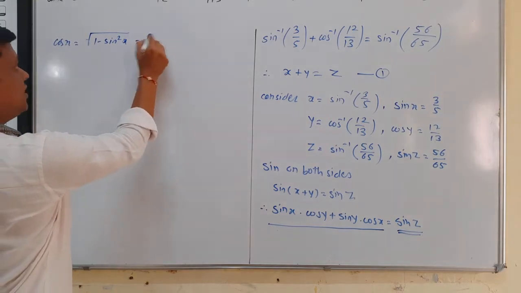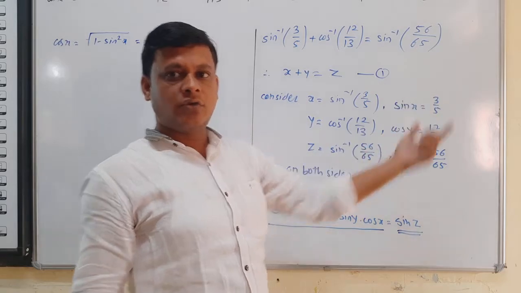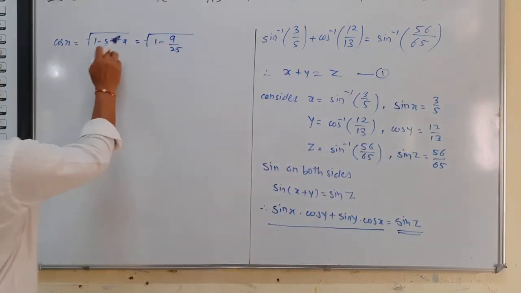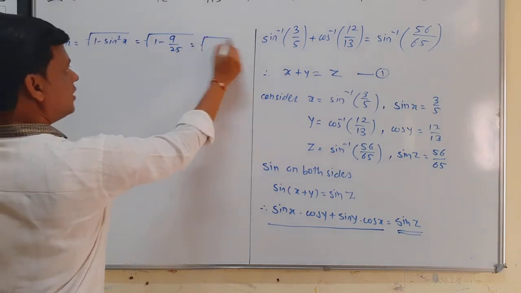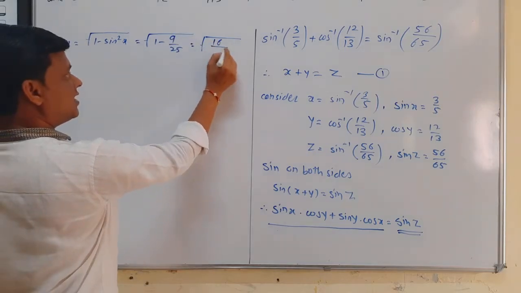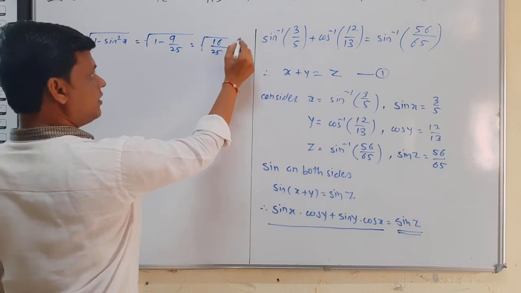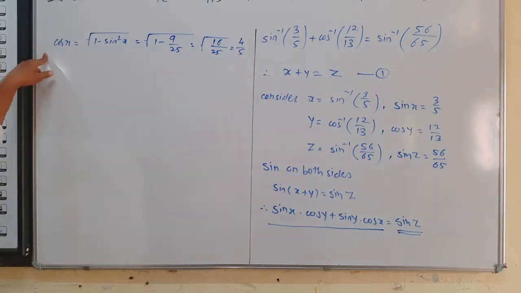Now substitute the value of sin x, which is 3 by 5. So its square is 9 by 25. Now cross multiply, 25 minus 9 is 16 upon 25. So the square root of 16 upon 25 we get 4 by 5. This is the value of cos x.